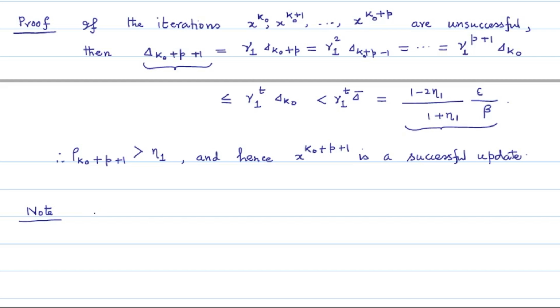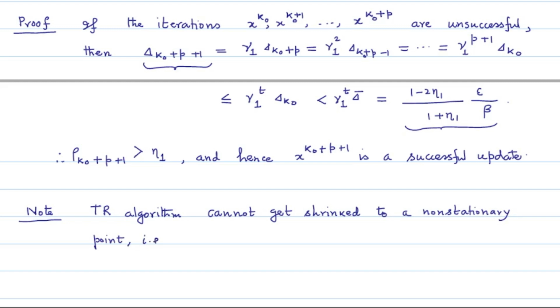Both of the lemmas together ascertain that the trust region algorithm cannot get shrunk to a non-stationary point, that is, simultaneously it cannot happen that norm gk is not converging to 0 but delta k tends to 0, as this cannot happen.